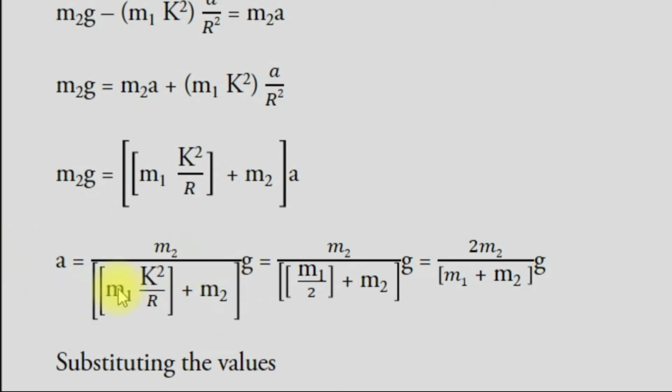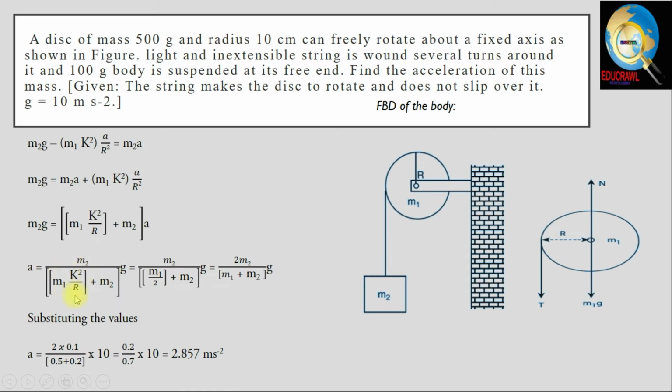We have m2 divided by m1 k squared by R squared plus m2, and the value of k squared by R squared is given as 1 by 2. So substituting this value, we have m2 divided by m1 by 2 plus m2 into g, so 2m2 by m1 plus 2m2 into g. Substituting the m1 value, m2 value, g value and simplifying, we have A is equal to 2.857 meter per second square.